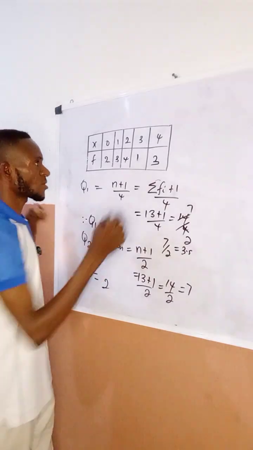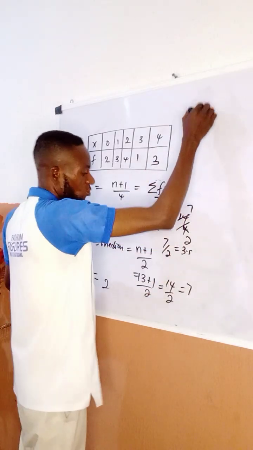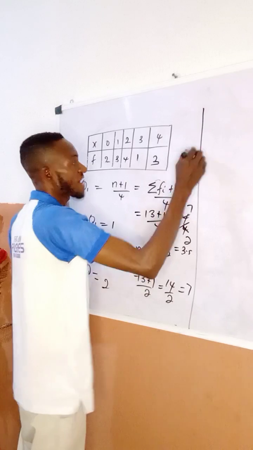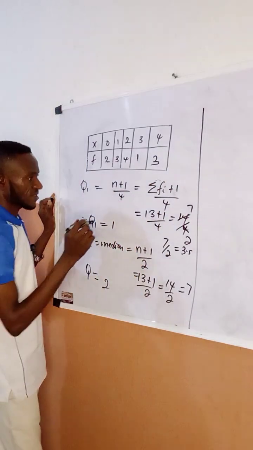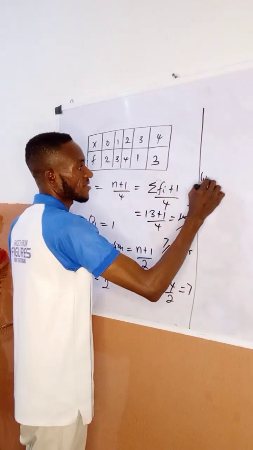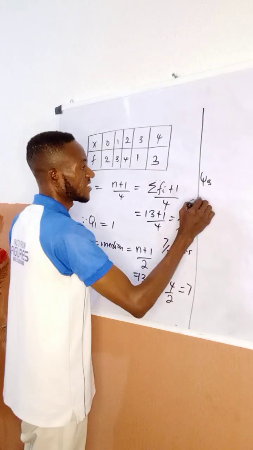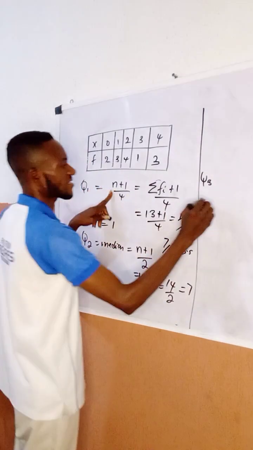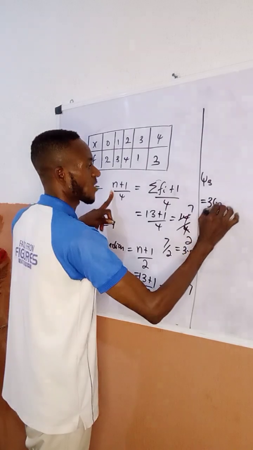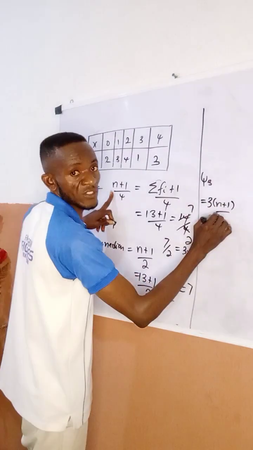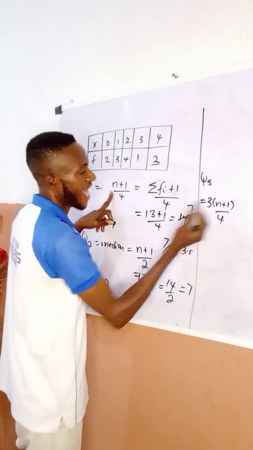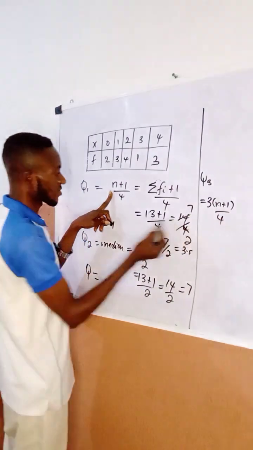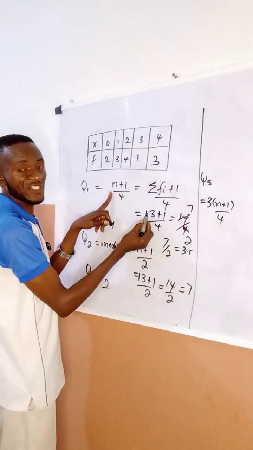Okay? So for me to find the Q3, I'm going to do something like this quickly. I have that my Q3 equals 3 into N plus 1 all over 4. And my N is the summation of f, which is 13.